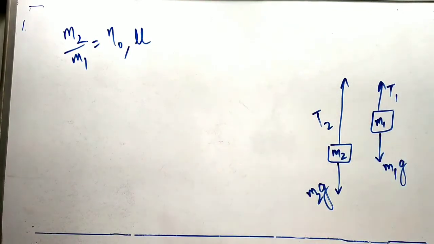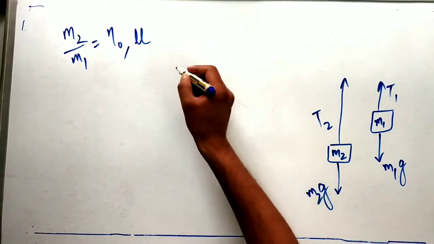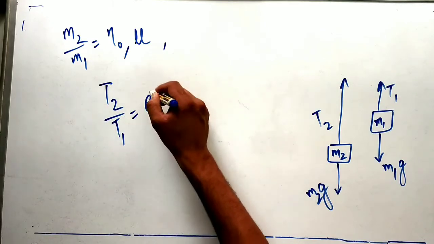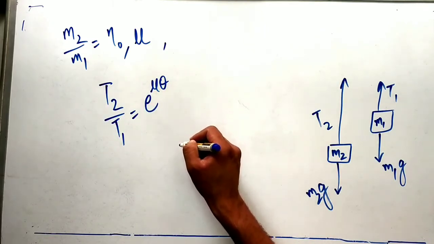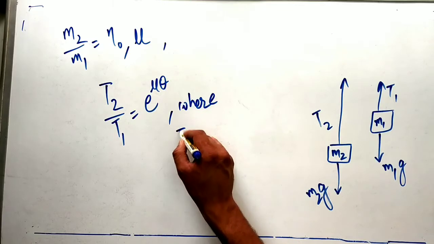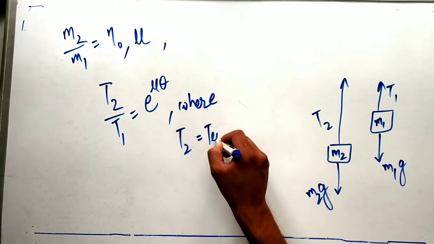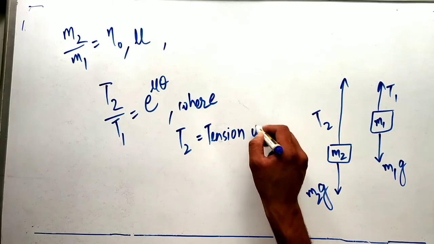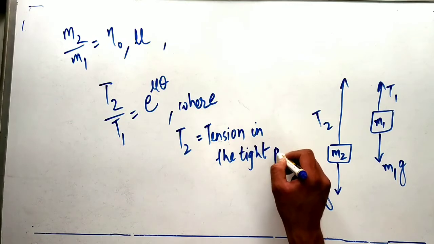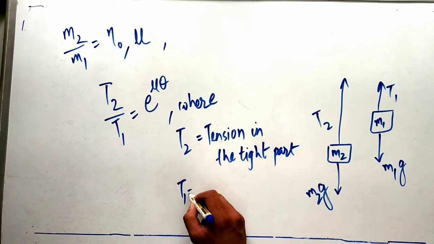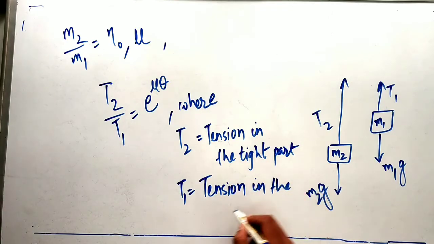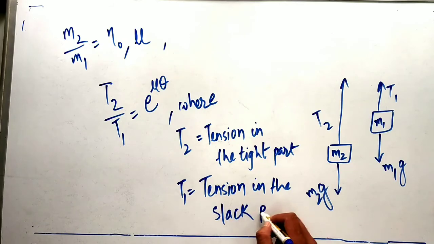So, we should know that the ratio T2 by T1 is given by e to the power of mu theta, where T2 is the tension in the tight part and T1 is the tension in the slack part.